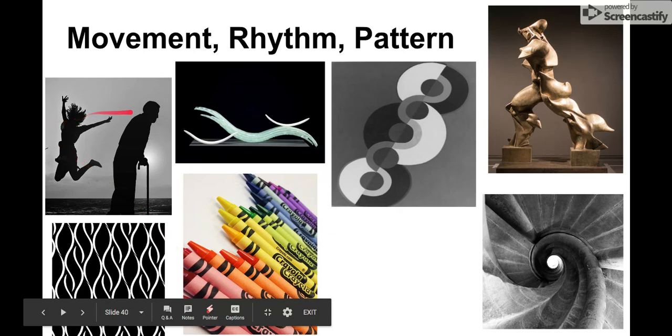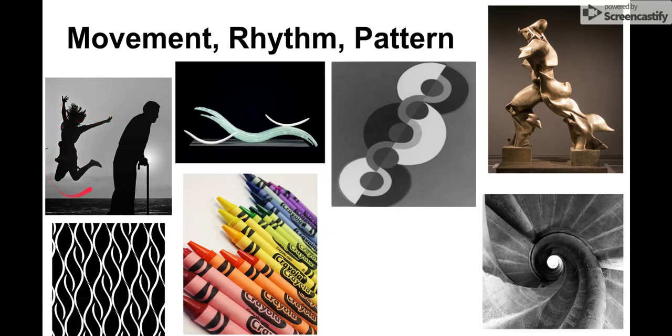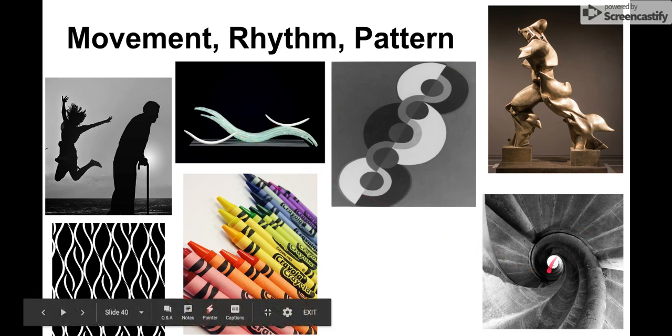You can have movement without pattern. This doesn't really have any kind of a pattern, it's just movement because of the diagonals. This, again, one curvy line wouldn't have any movement, wouldn't have any pattern. There's not repetition, but it does have rhythm. And this has one big spiral, but it also has these lines coming off of it, which give it a stronger sense of rhythm.